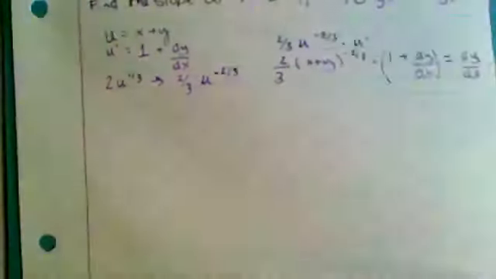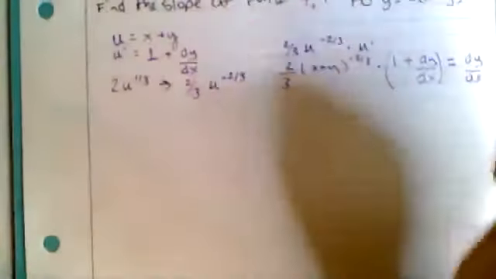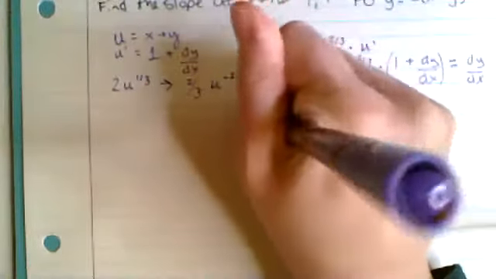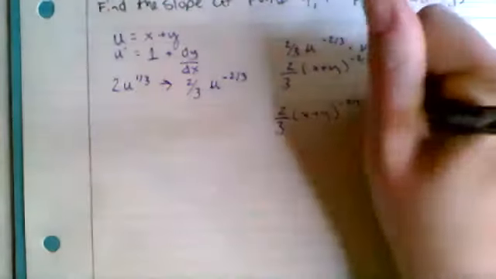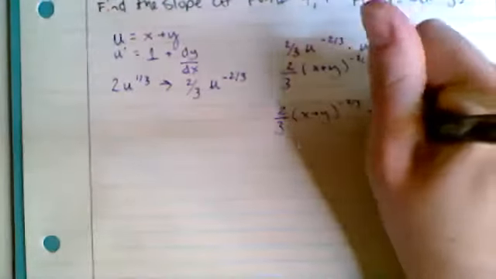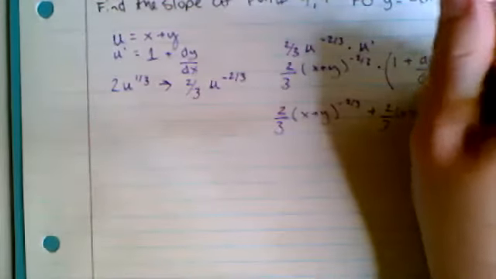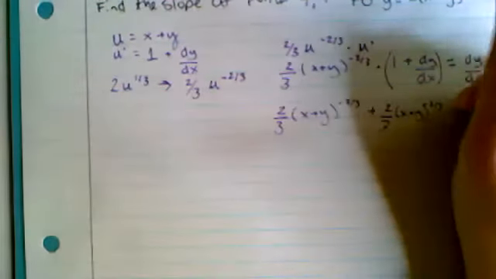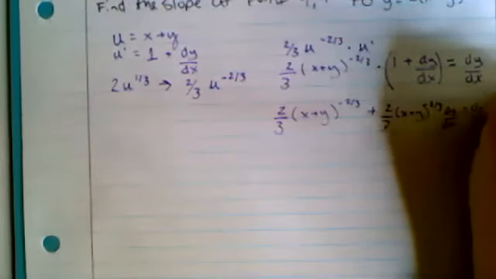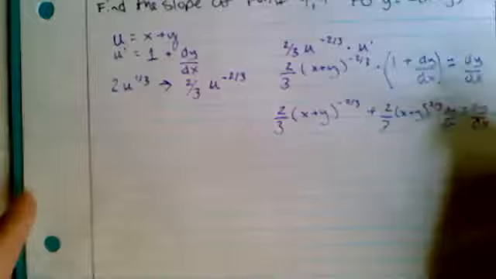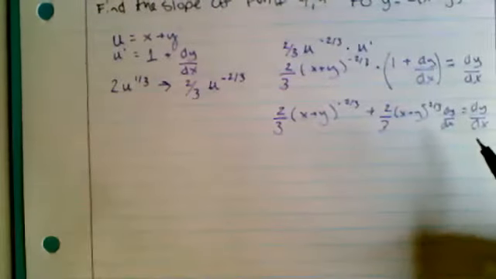Essentially we get the same thing, because we're timesing it by 1 and also by dy dx. Then what we have to do is get our dy dx's on the same side.